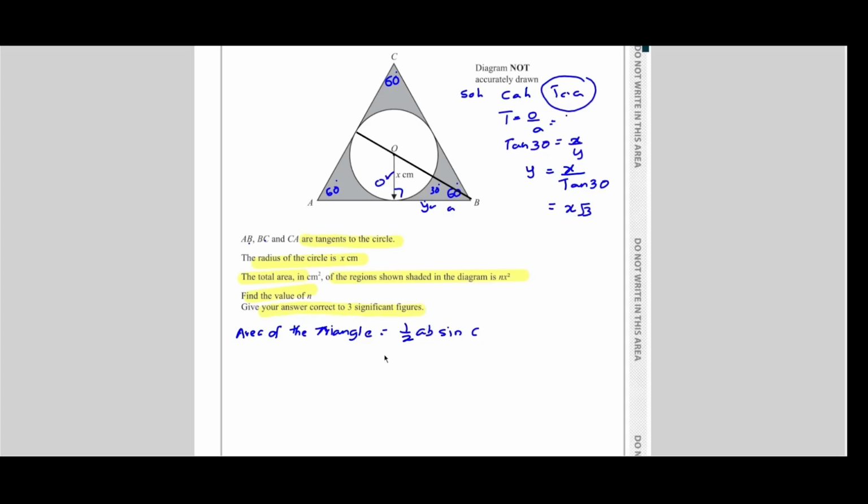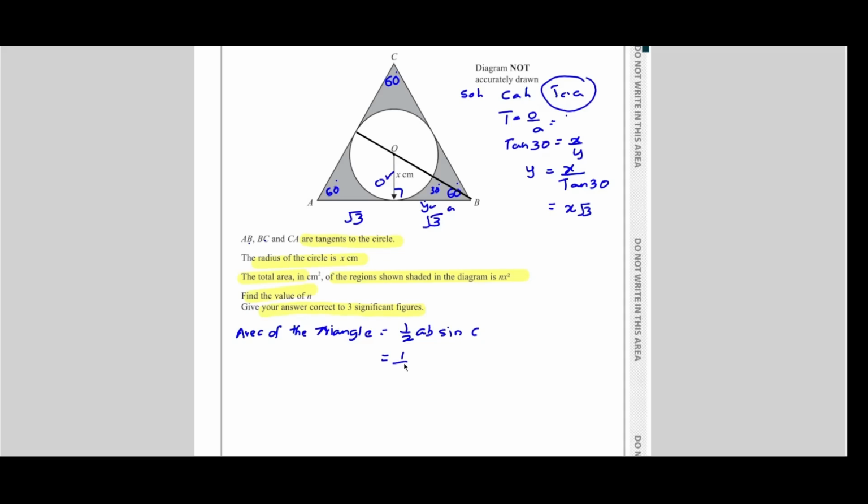Then let's substitute that into here. This is root 3x, and this is also root 3x, which means root 3 plus root 3 is 2 root 3.